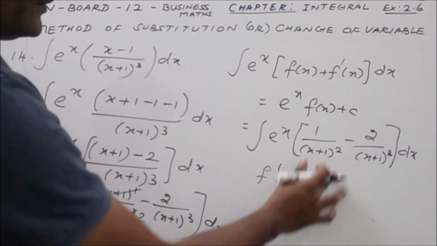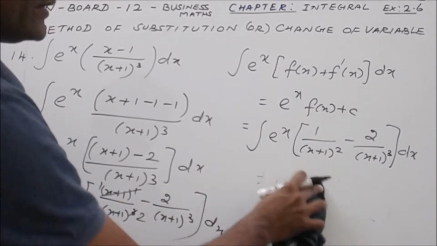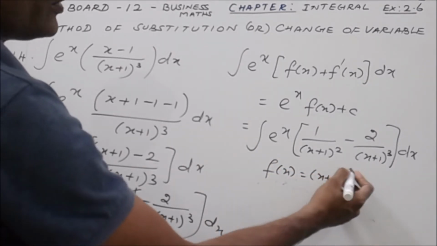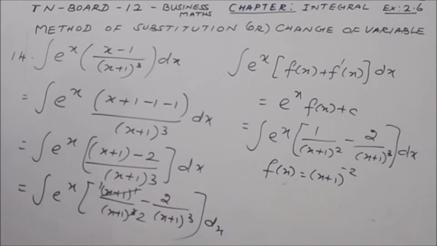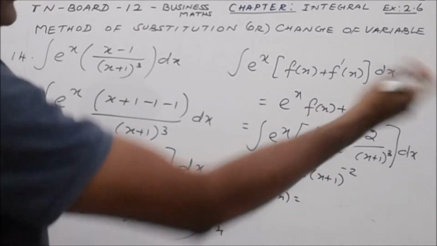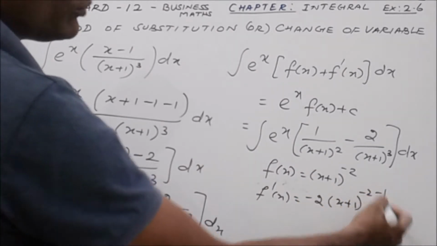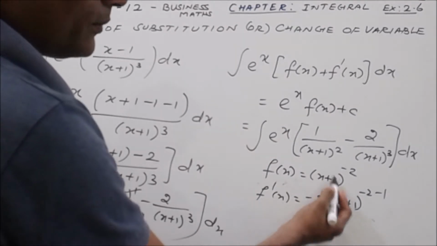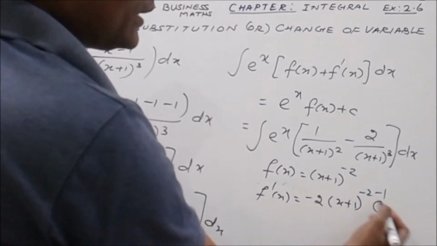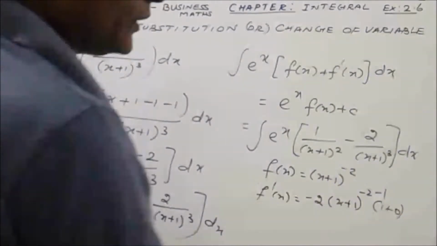When we differentiate f of x is 1 by x plus 1 whole square, we can change it as f of x is equal to x plus 1 whole power minus 2, bringing it to the numerator. Now find the derivative: f dash of x is equal to n x power n minus 1, so minus 2 into x plus 1 whole power minus 2 minus 1, and then we should multiply by the derivative of the function inside the power, x plus 1, which is 1 plus 0.